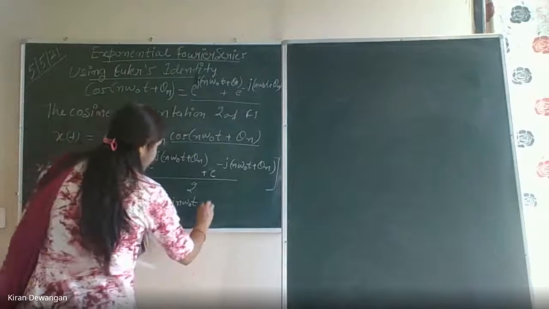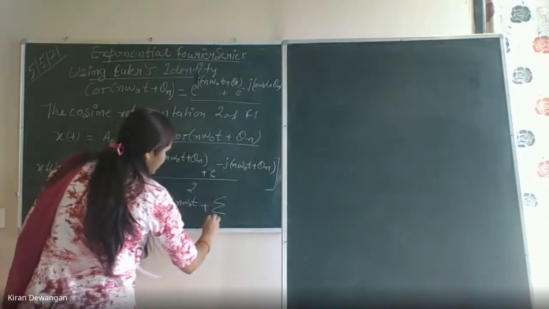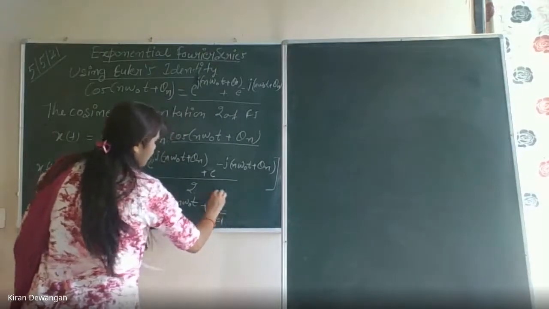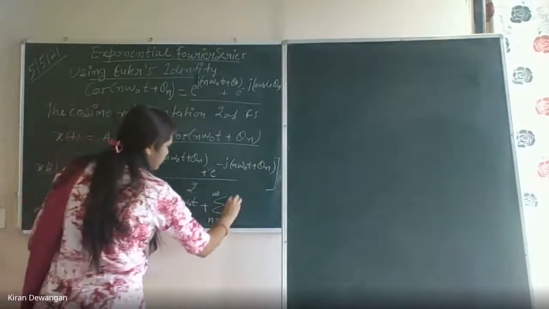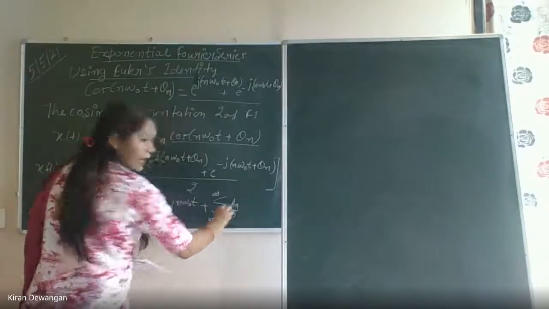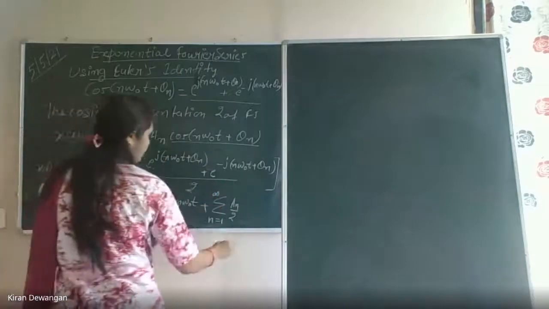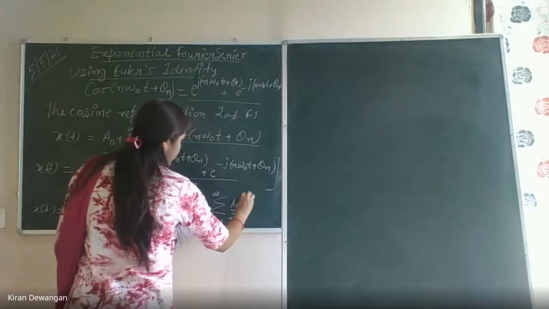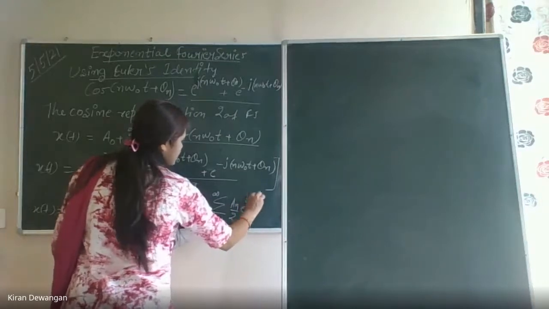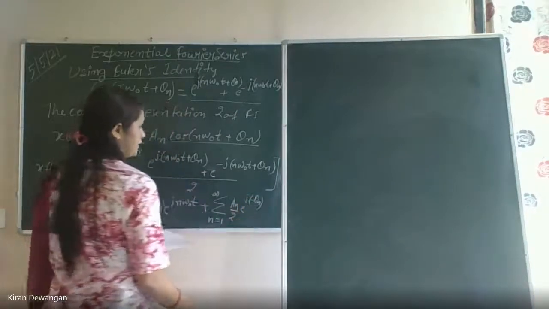Similarly, I will be having the second term. Summation n 1 to infinity. Here also n will get multiplied here. N by 2, and then I am having e to the power j, this is minus theta n. Okay?